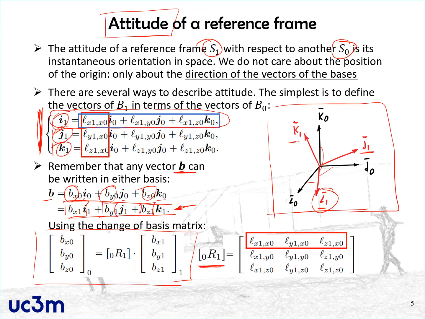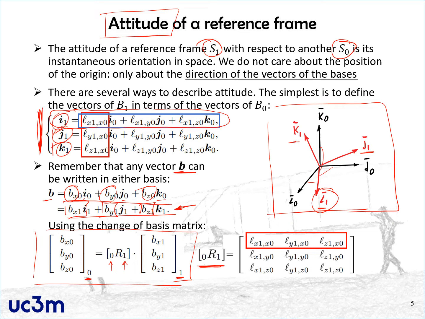R01, okay, remember that the numbers that we place here are just a mnemonic to remember that this matrix takes a column vector of components in basis 1 on the right and returns a column vector of components in basis 0 on the left.